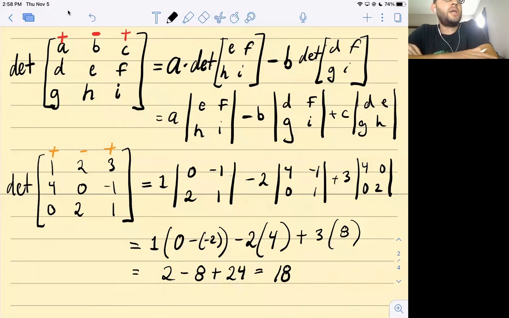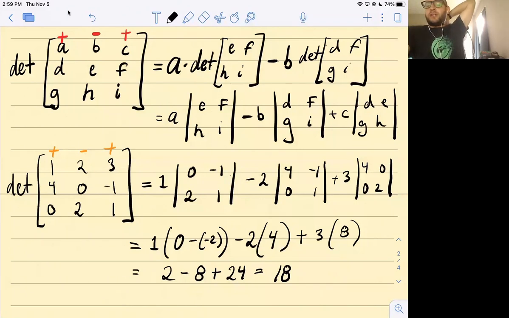Let me show you another way you can do the determinant that I like for 3 by 3s because it reminds me of the pattern for 2 by 2. But by the way, let's just continue with this a little bit more. The cool thing about the determinant is it extends to 4 by 4.